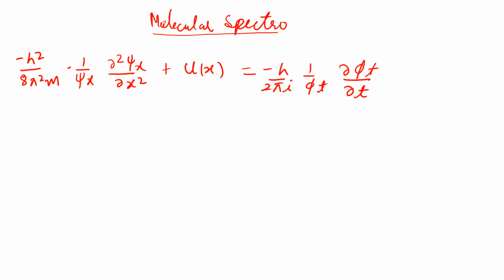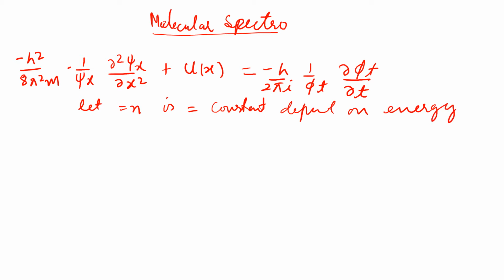Now let this equation be equal to some constant which depends upon energy. So we have a system which depends upon energy and quantum number.